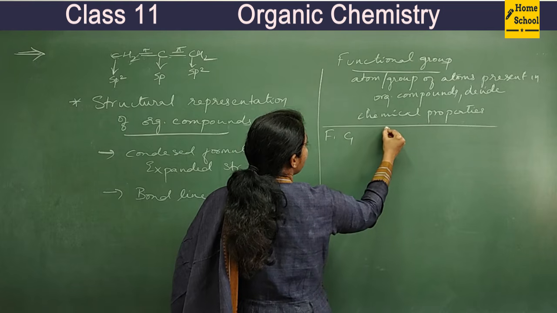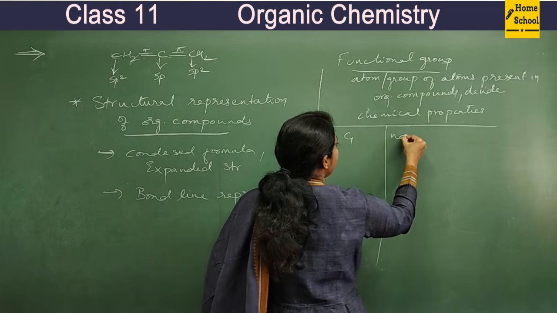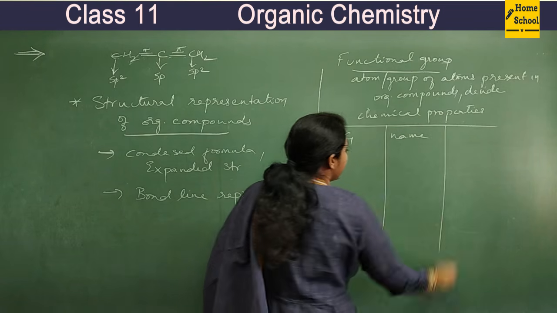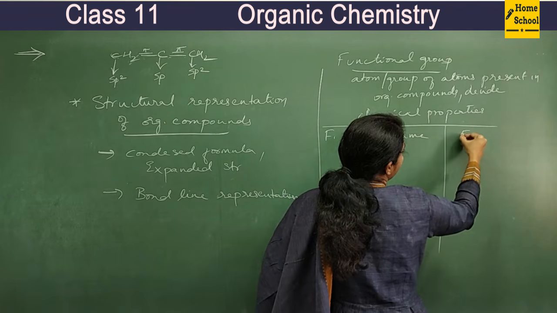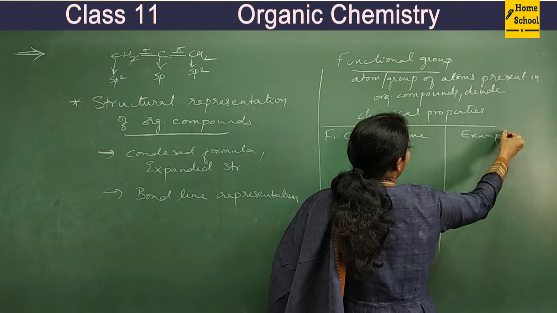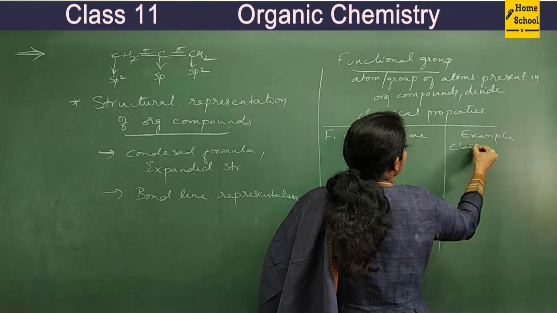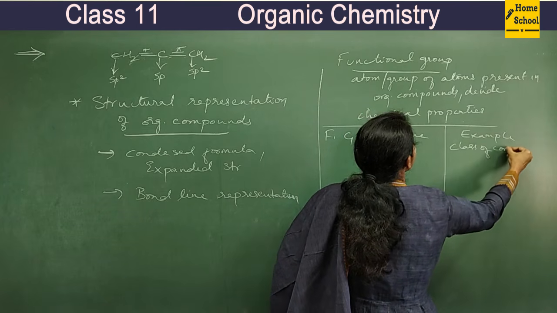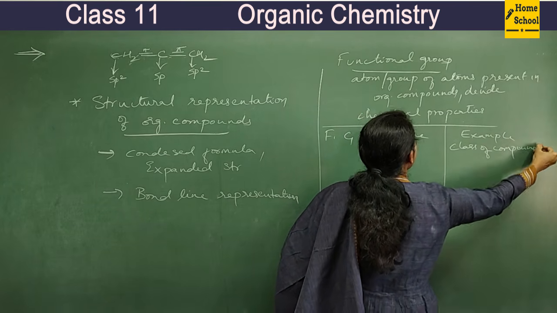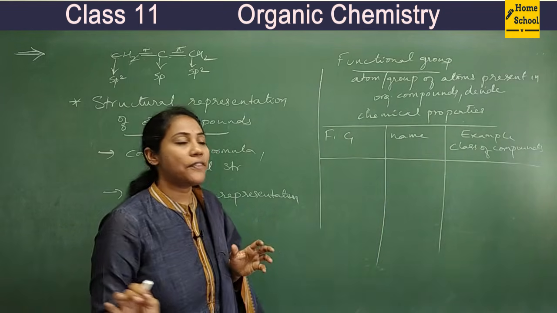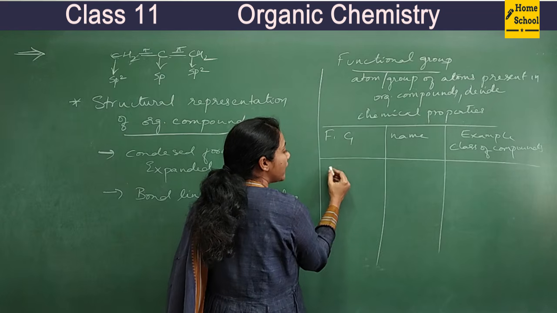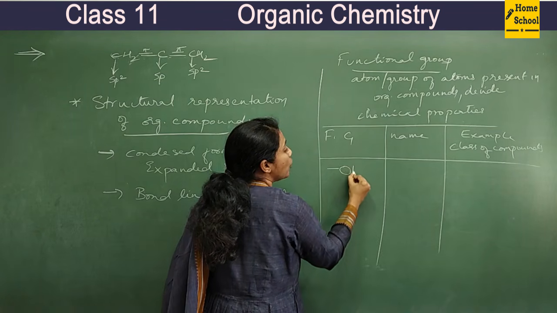Functional group, its name, and then example or class of compound. So try to observe these two columns, guys. The first important, common functional group that we study is the OH group.